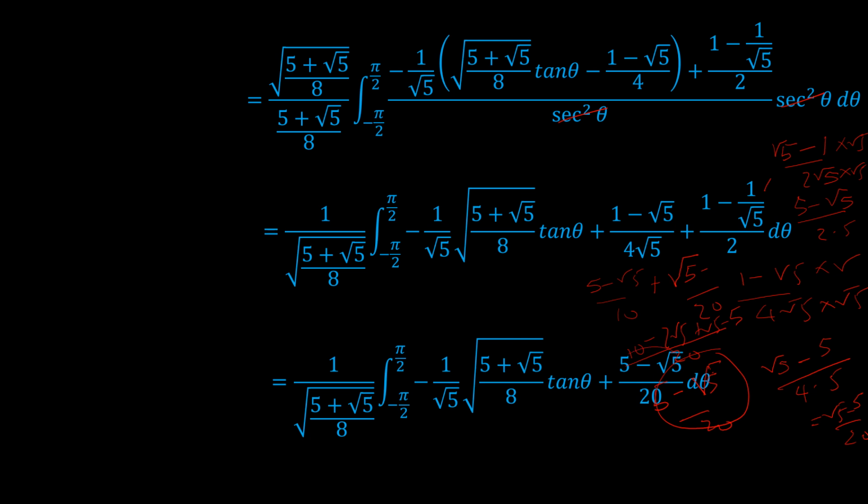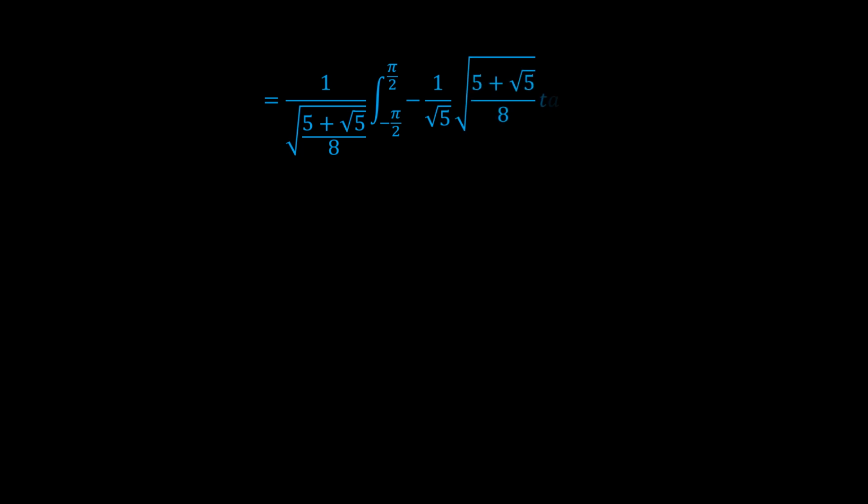Okay, we'll continue. We do have our integral. We have now 1 over the square root of 5 plus root 5 over 8 times the integral from theta equals negative pi over 2 to positive pi over 2 of negative 1 over root 5 times the square root of 5 plus root 5 over 8 tangent theta plus root 5 minus root 5 over 20. So tan theta, let's just try to see.